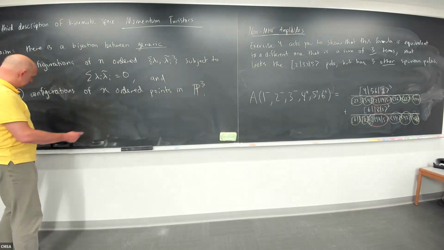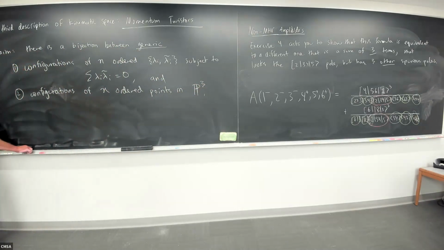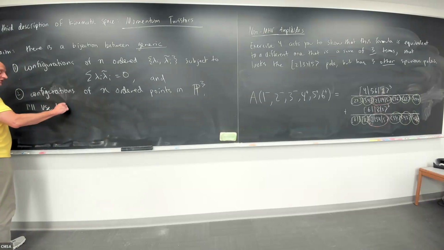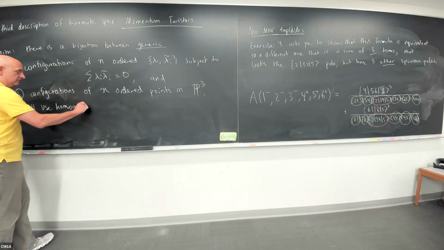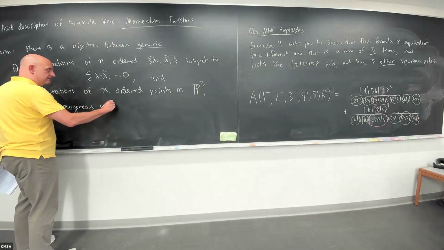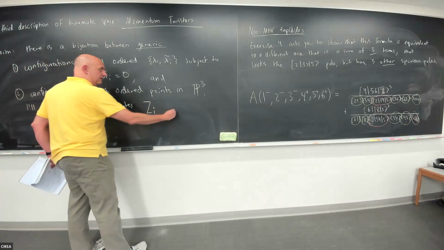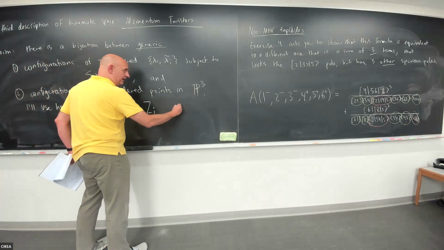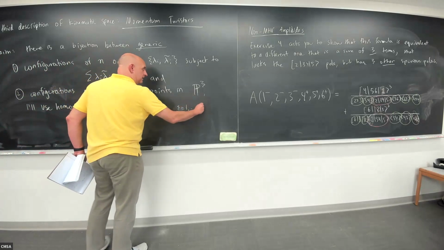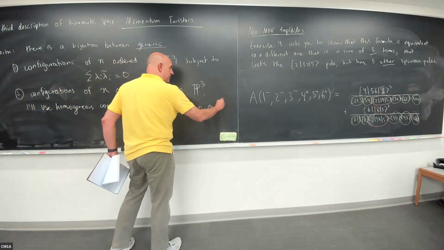So I'll use homogeneous coordinates Zi, i runs from 1 to n, on P3.